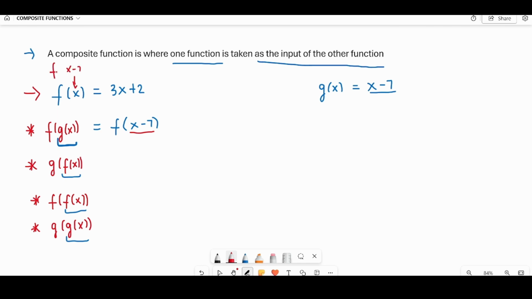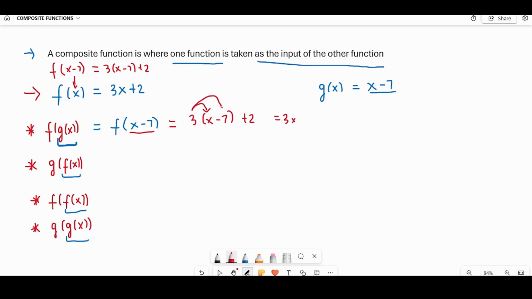That means you will get f of x minus 7 equals 3 times x minus 7 plus 2. So you can see that we have just replaced x with x minus 7 everywhere in the function here. That means f of x minus 7 will be equal to 3 times x minus 7 plus 2, which is 3x.